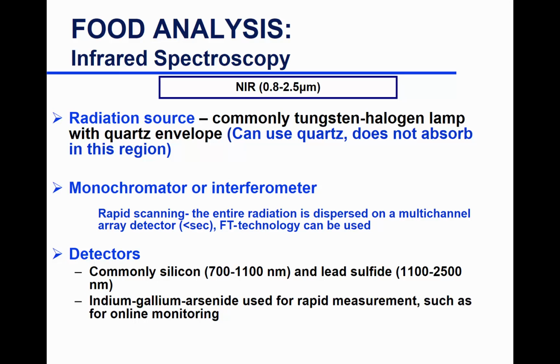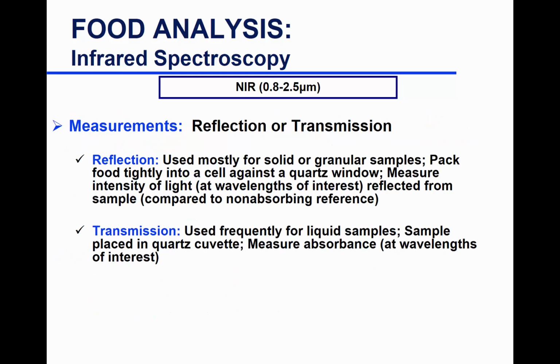The entire radiation is dispersed, and you get spectra in less than a second. Using Fourier Transform technology to convert the energy into spectral data. Detectors, for FYI, you don't really need to know.